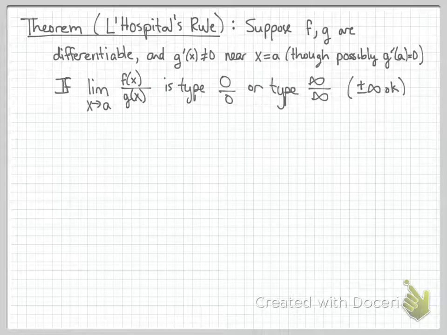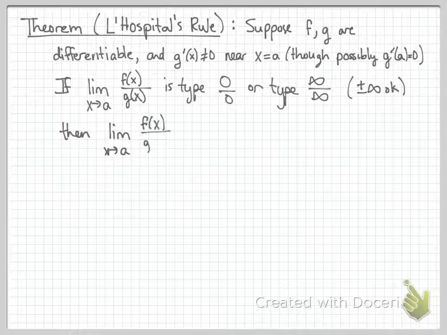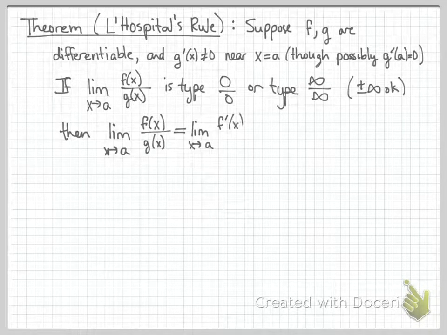If you've got a 0 over 0 or infinity over infinity indeterminate form, and both the numerator and denominator of your fraction are differentiable, then you can replace your limit with this other limit. All right? It is a different function. You have the derivative of the top over the derivative of the bottom, and miraculously, it has the same limit as the one you were trying to figure out.